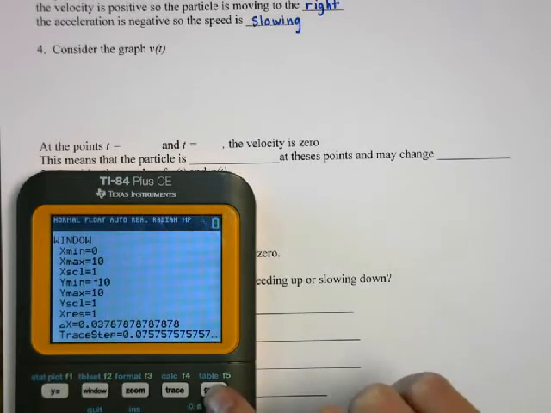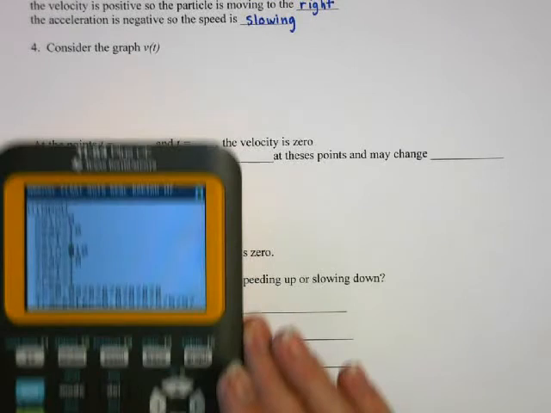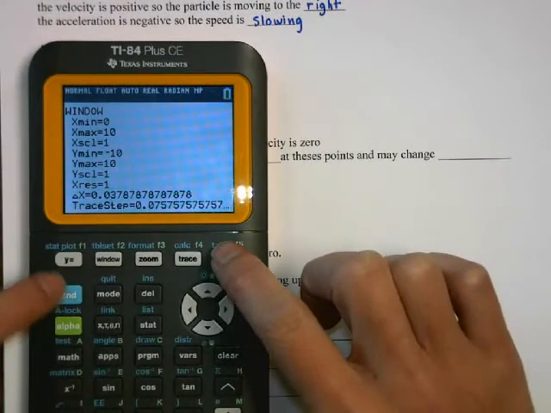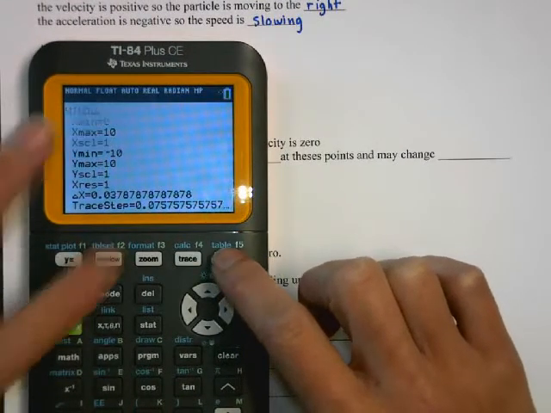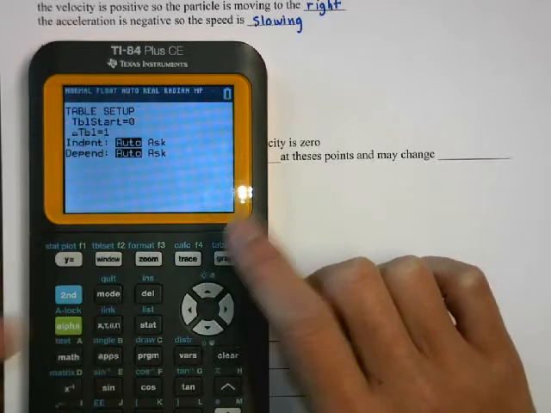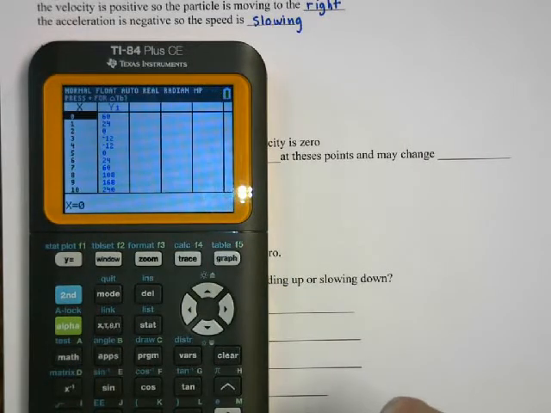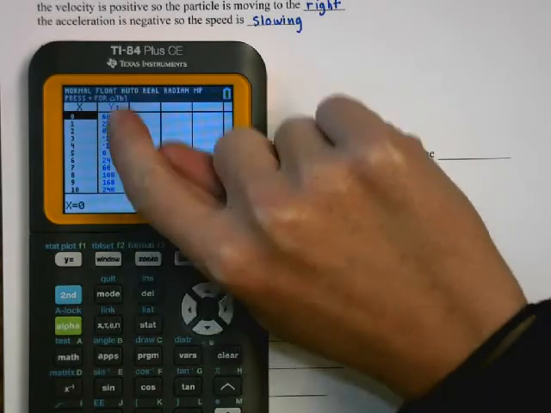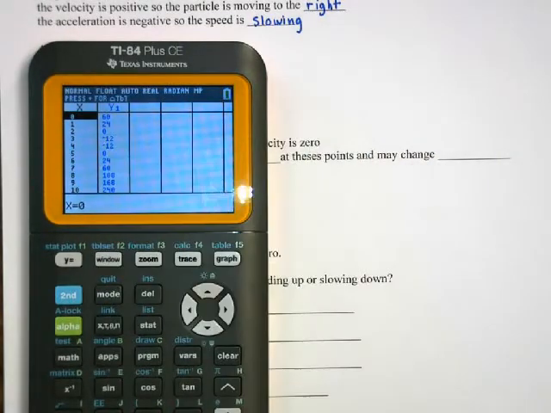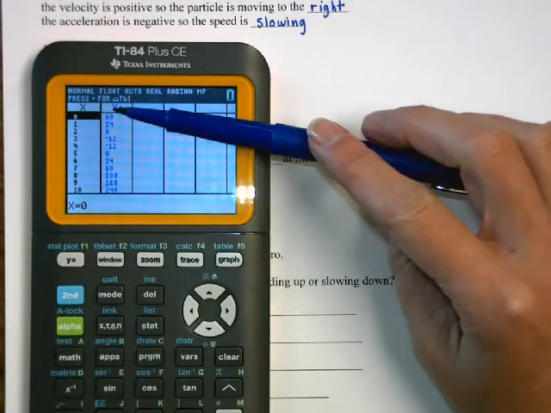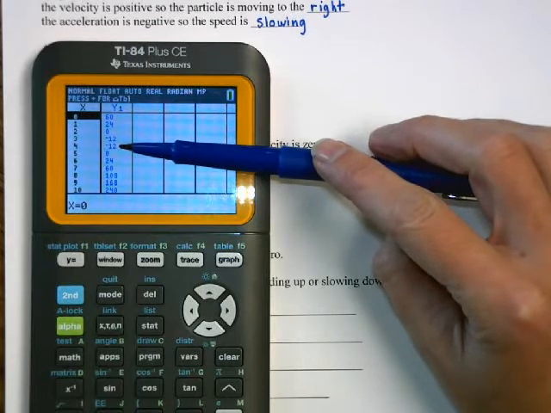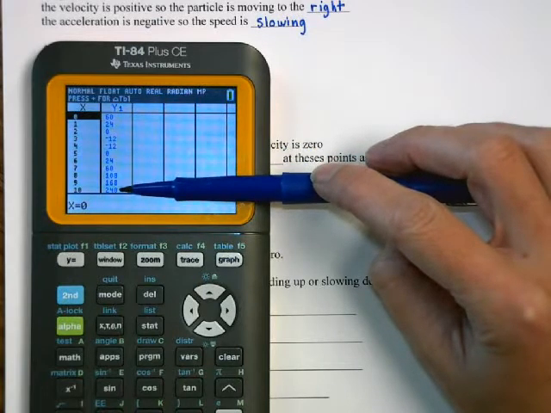Another hint, another trick, is to use the table. Let me check my table set. I'm starting at 0, going by 1, perfect. Then if I go to my table, these are the numbers that I need to see. From 0 to 10, my smallest number is negative 12 and my biggest number is 240.